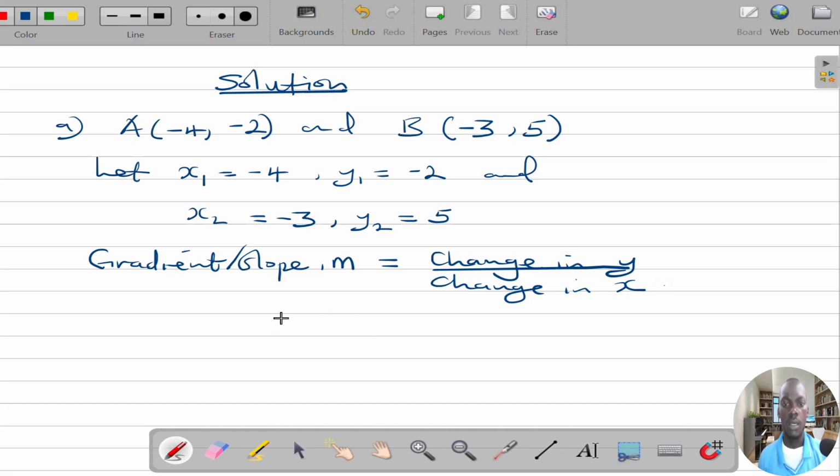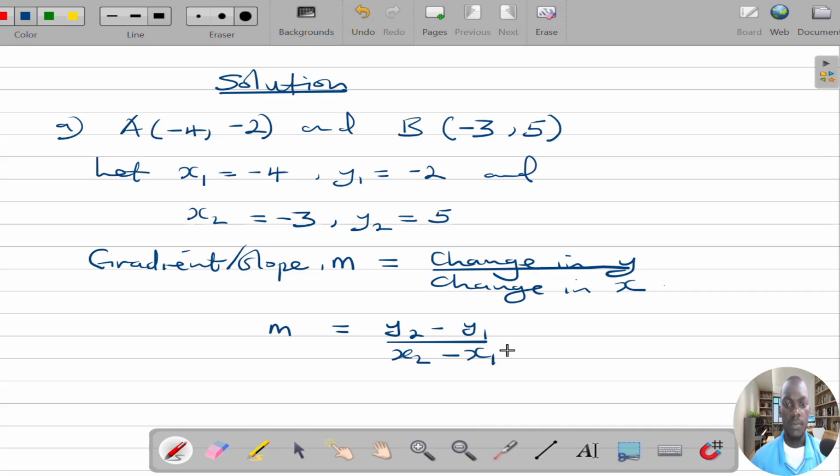So m is equal to y2 minus y1 divided by x2 minus x1.